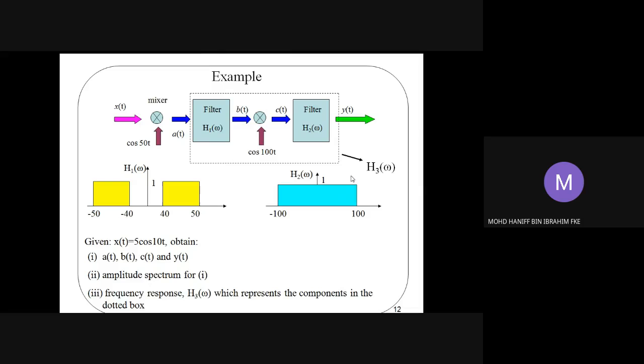So it is simply a system between the input AT and the output YT. That should be the H3 omega. Let us proceed with finding AT, BT, CT, and YT first.